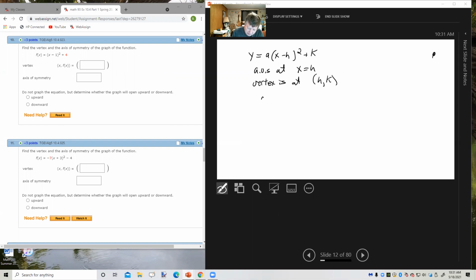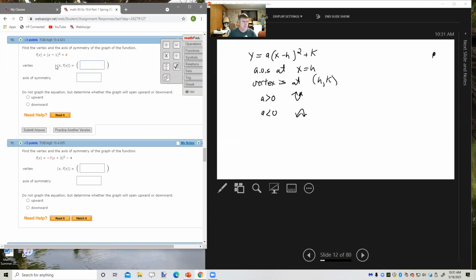Okay, and the vertex is at (h, k), and if a is greater than 0, the parabola opens up. If a is less than 0, the parabola opens downward. Okay, so let's take a look over here at the WebAssign problem, this specific one. f of x equals the quantity x minus 1, squared, plus 4. So h is 1, and k is 4.